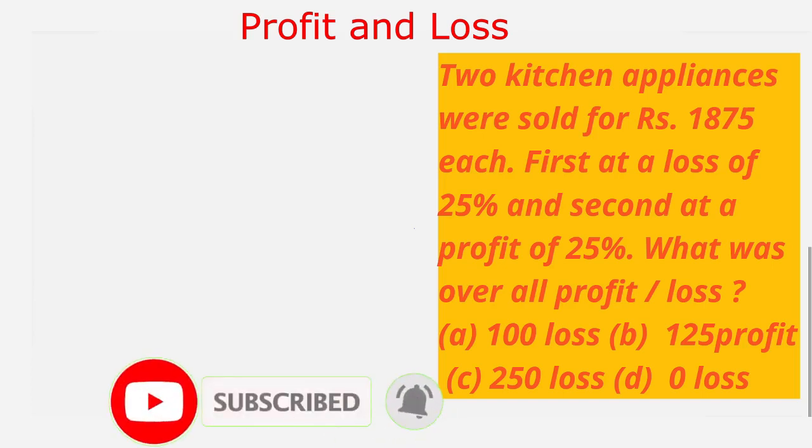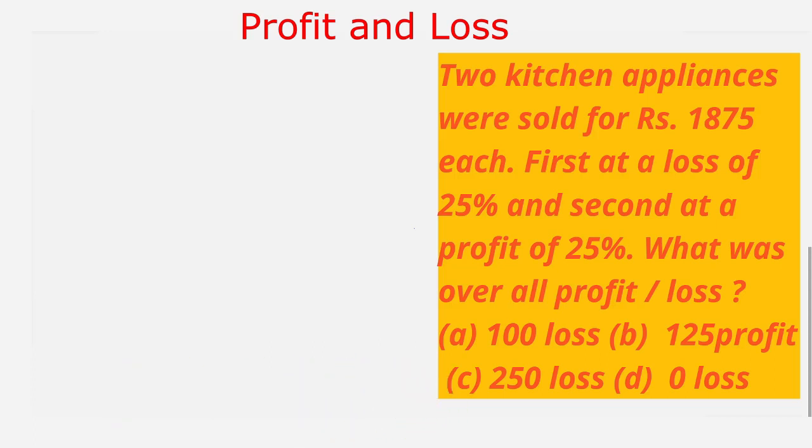In such type of questions, when two items are sold at the same price, one at a X% profit and another at X% loss, then there is always a loss which is given by loss percent equal to X square over 100%. Here the value of X is 25.